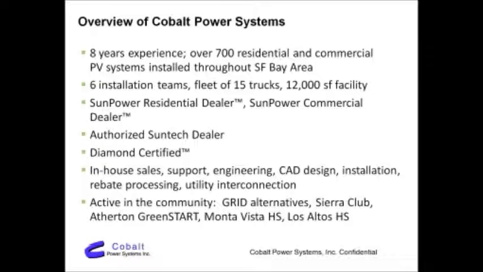We do everything in-house, and we do a lot of work in the community to build knowledge about PV systems. We routinely go to career days at local high schools and actually hire high school students for summer internships, and have done GRID Alternatives work and things like that. So that's a brief snapshot of us.